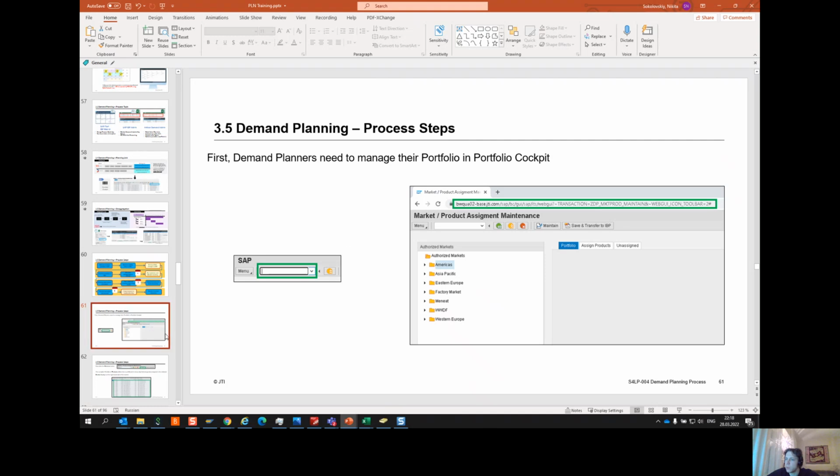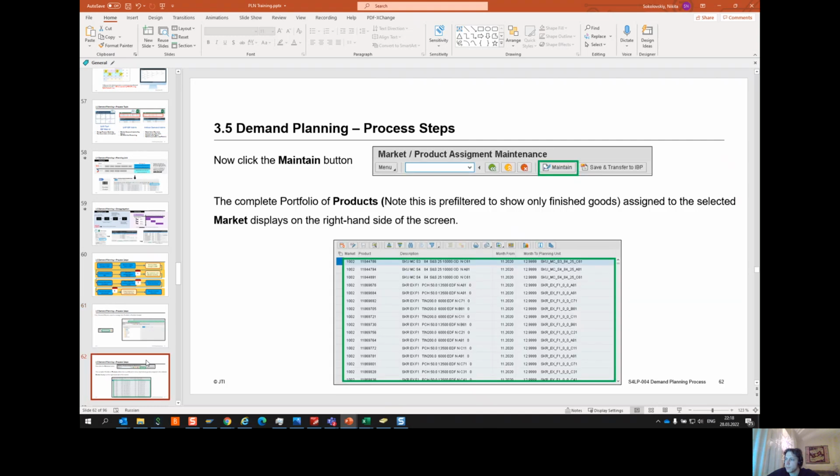Then they need to choose a particular market. And then when they click the maintain button, they receive the list with all the products maintained in the system.